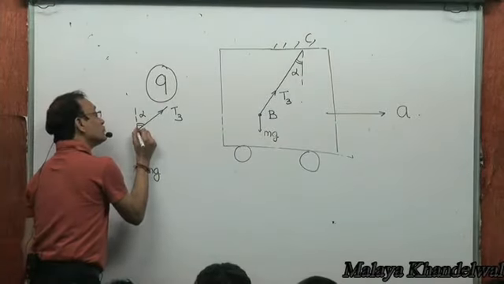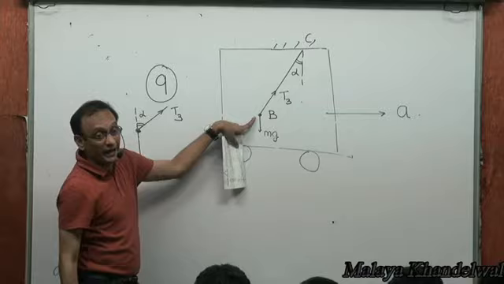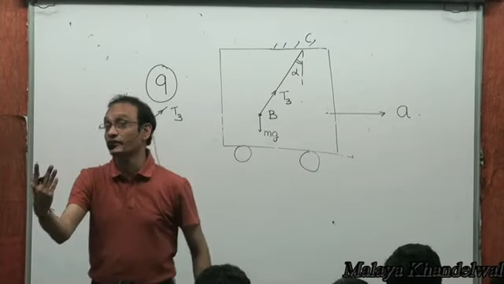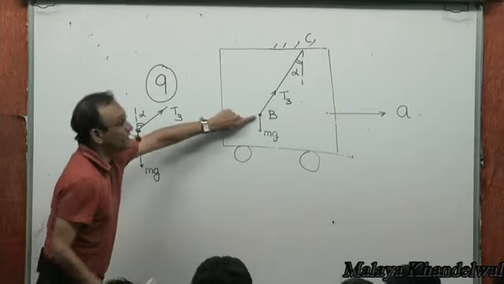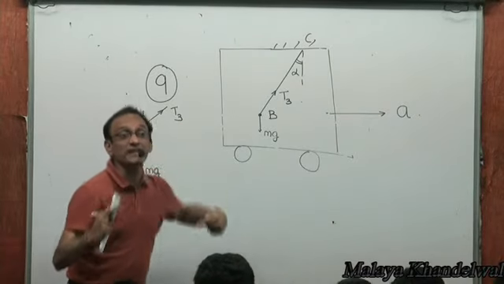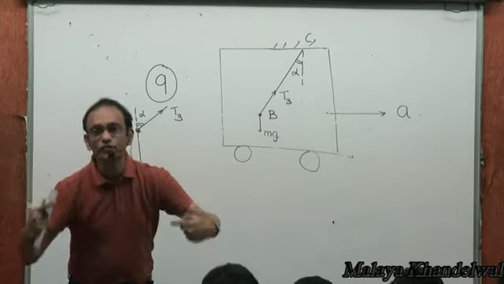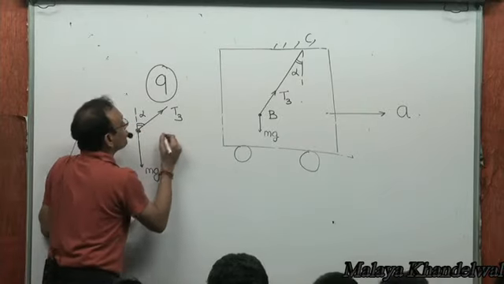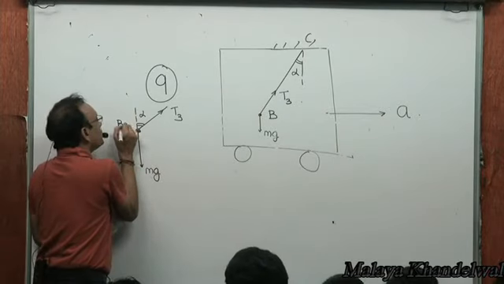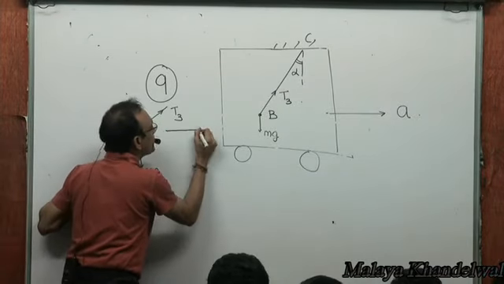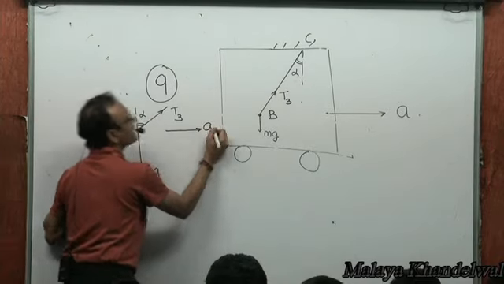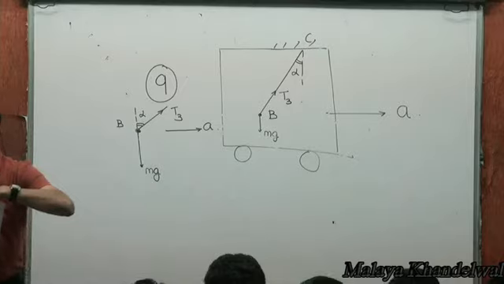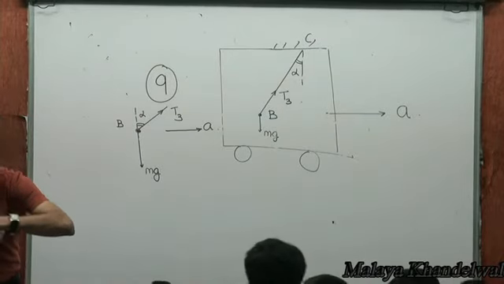Now under the influence of these forces, if B has to remain in this position, that means with respect to the carriage it should have no acceleration. It should bear the same acceleration as that of the carriage. There would be no relative motion between B and the carriage. That means the net effect of all these forces is that B should bear the same acceleration A as that of the carriage, so that B stays in this position. Yes or no? That's the whole requirement, right?